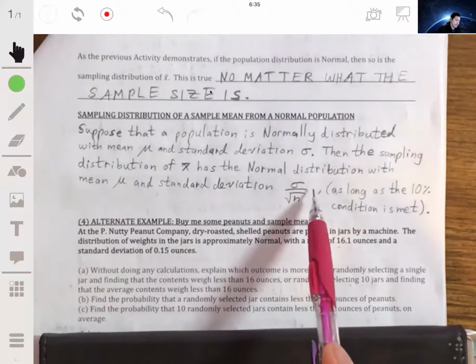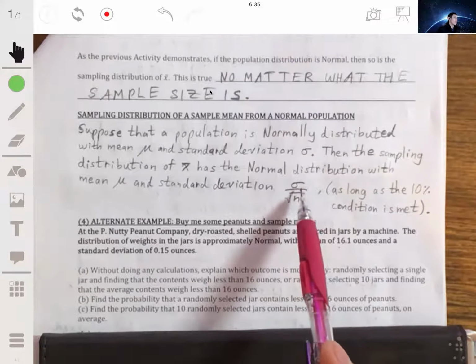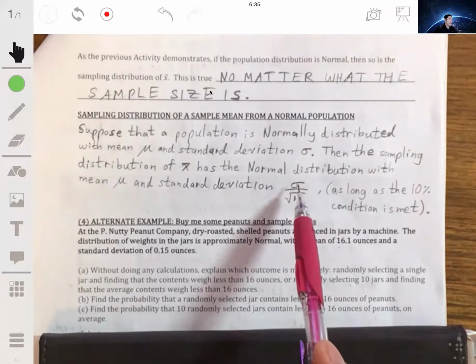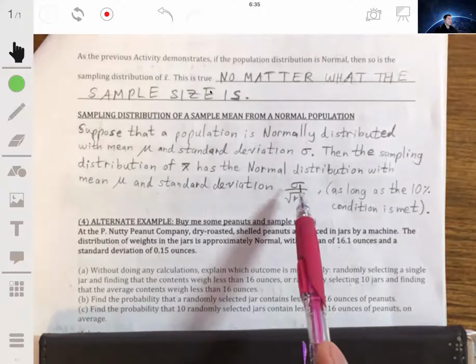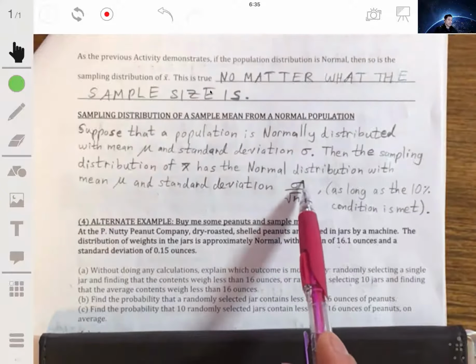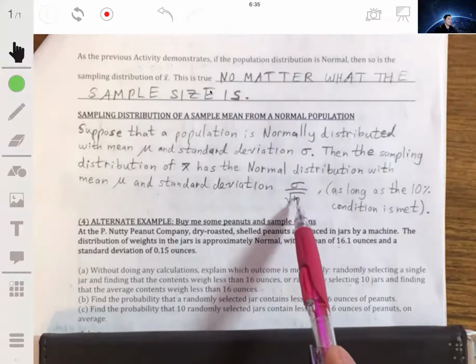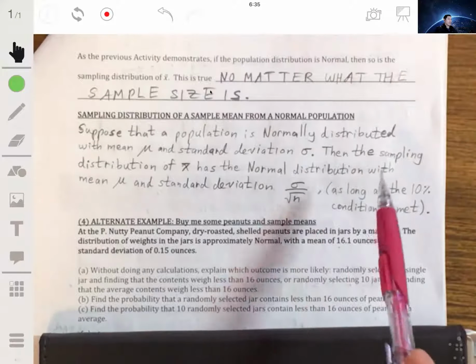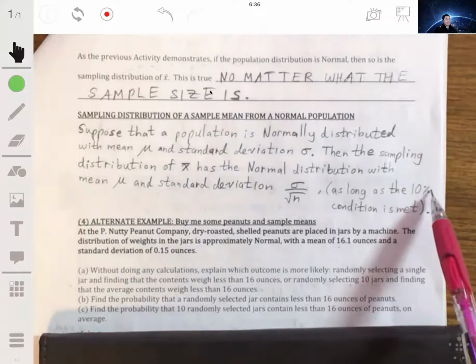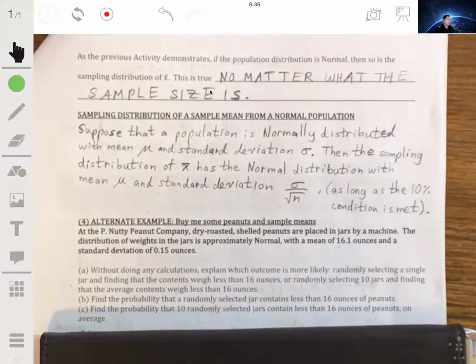The formula for the standard deviation of the sampling distribution of X bar will be the population standard deviation, sigma, divided by the square root of the sample size. So sigma divided by the square root of n, as long as you take no more than 10% of the population. It's also known as the 10% condition.